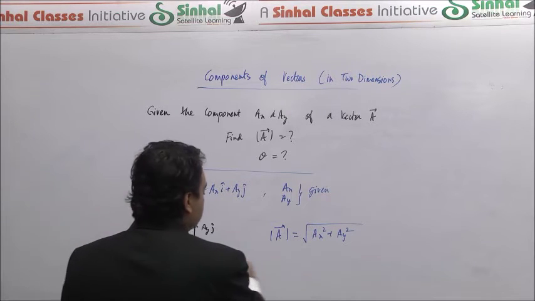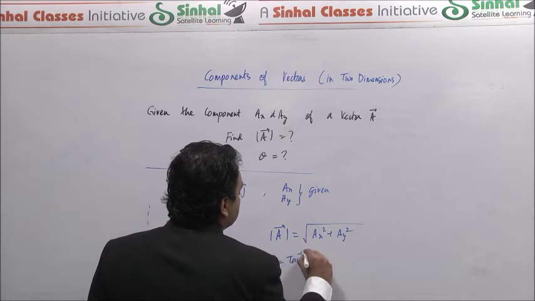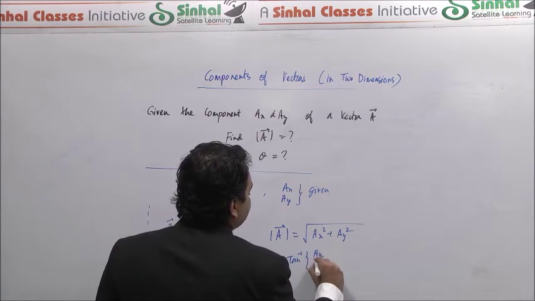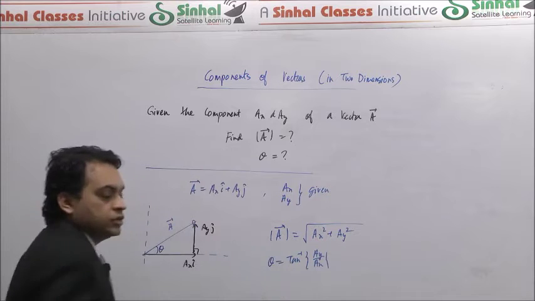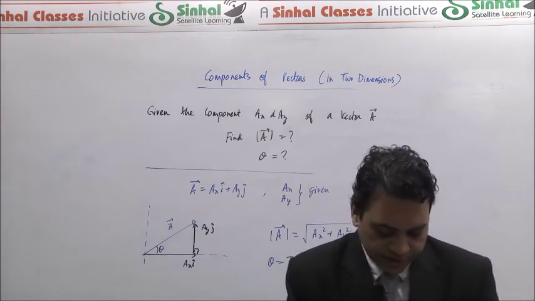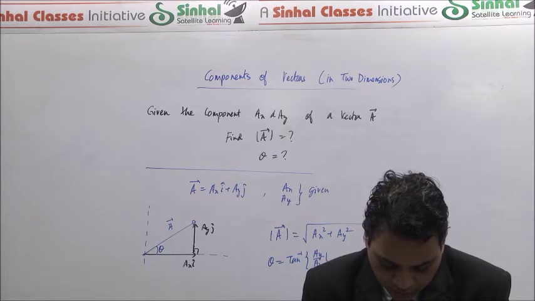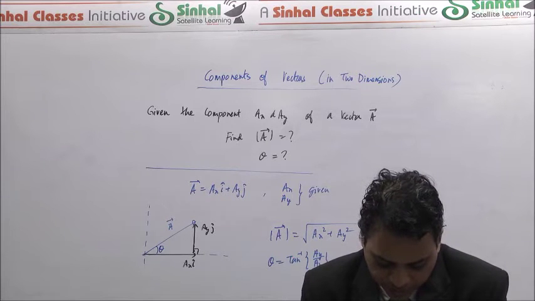And similarly, using trigonometry, theta is tan inverse of Ay by Ax. That becomes the angle theta. So that is the complete description of resolving a vector in 2 dimensions. Now next, let's pick up some more examples.